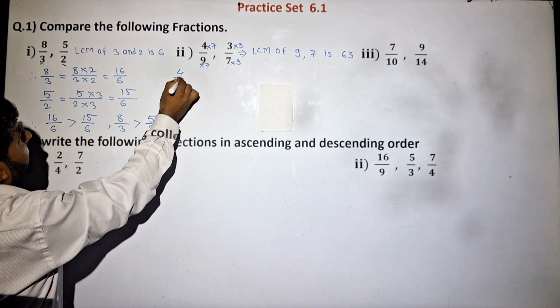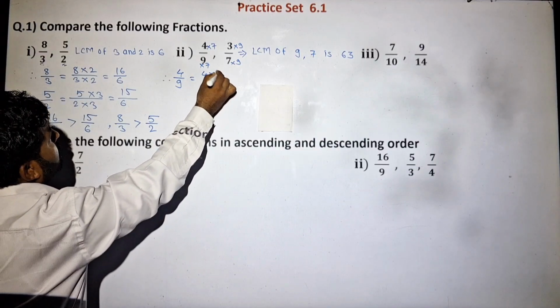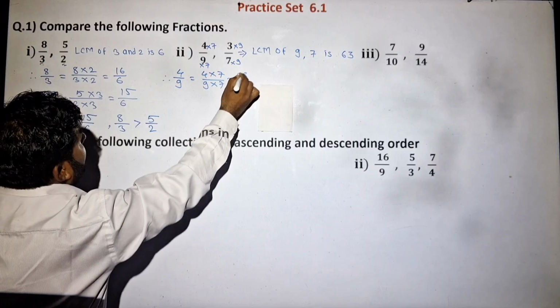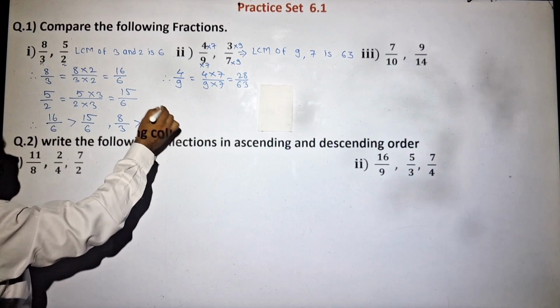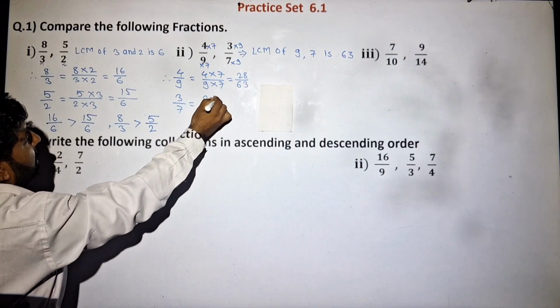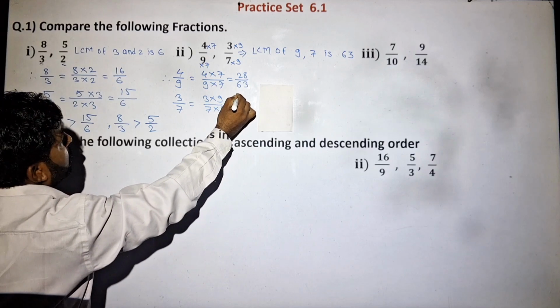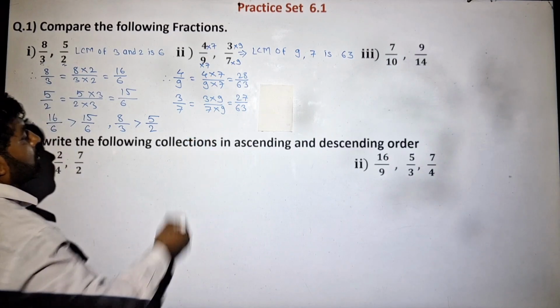Therefore 4 by 9 can be written as 4 into 7 over 9 into 7, which is equal to 28 by 63. 3 by 7 can also be written as 3 into 9 over 7 into 9, which is equal to 27 by 63.